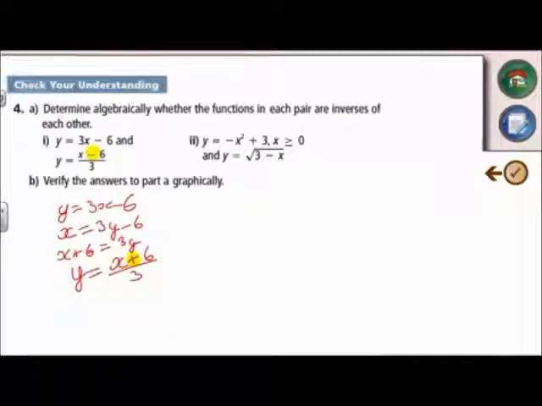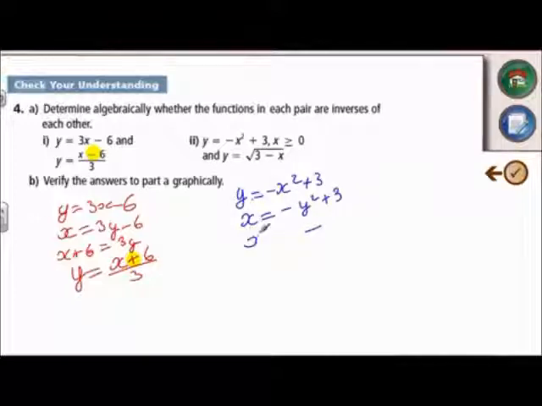And let's try the other one. y equals negative x squared plus 3. Switch the x and the y. x equals negative y squared plus 3. And subtract the 3 over. x minus 3 equals negative y squared.